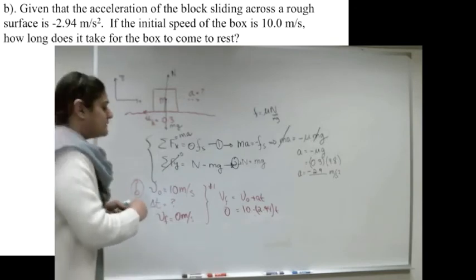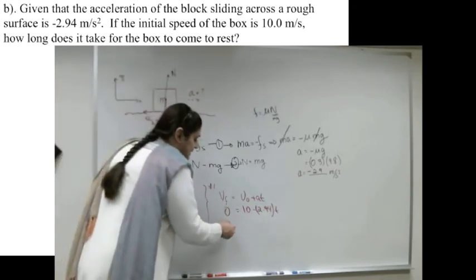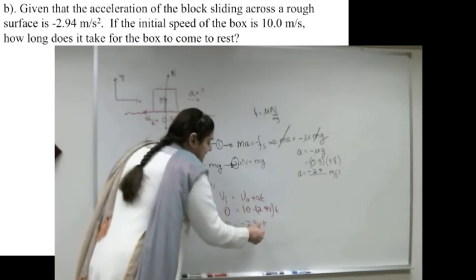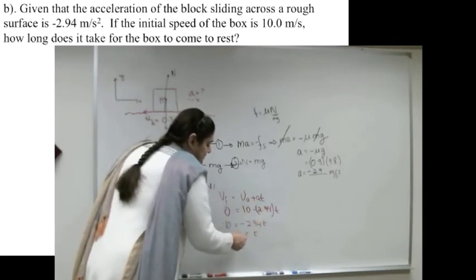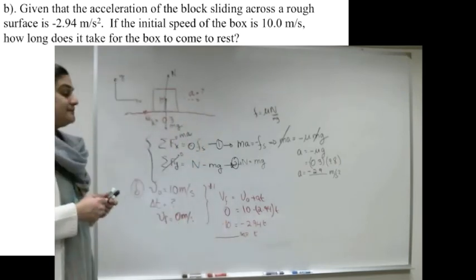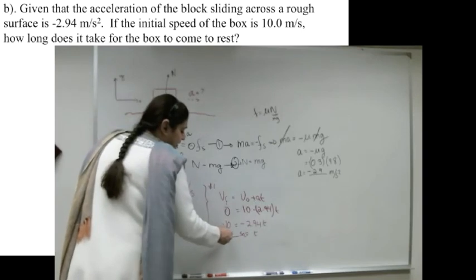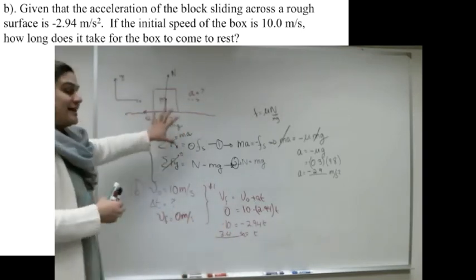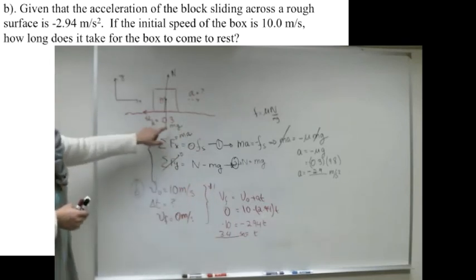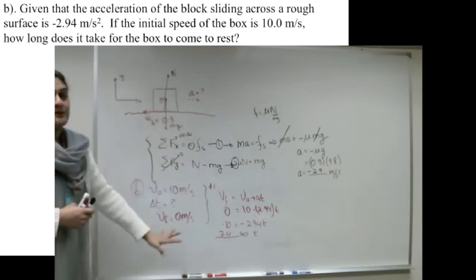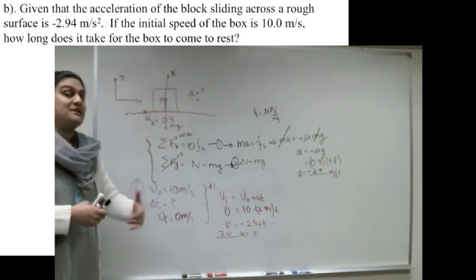To move things around, I'll get minus 10 equals minus 2.94 t, and you can solve for t, which comes out to be something like 3.4 seconds. So this whole entire question was solved by actually just having one number, and that was just this number. Everything else we were able to pick up from the wording given in the question.